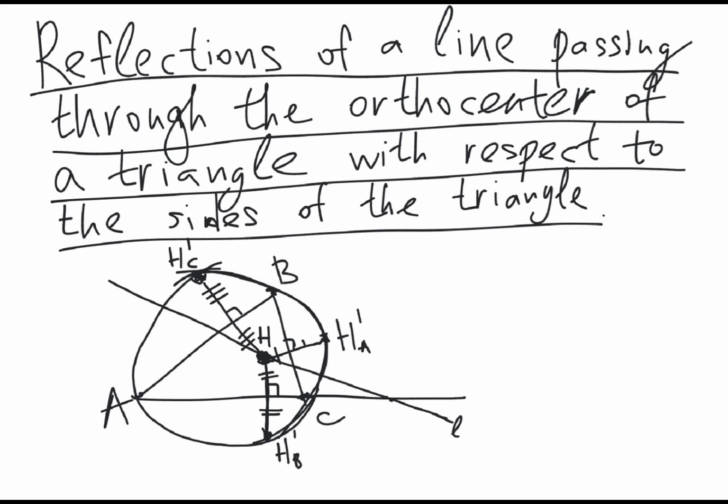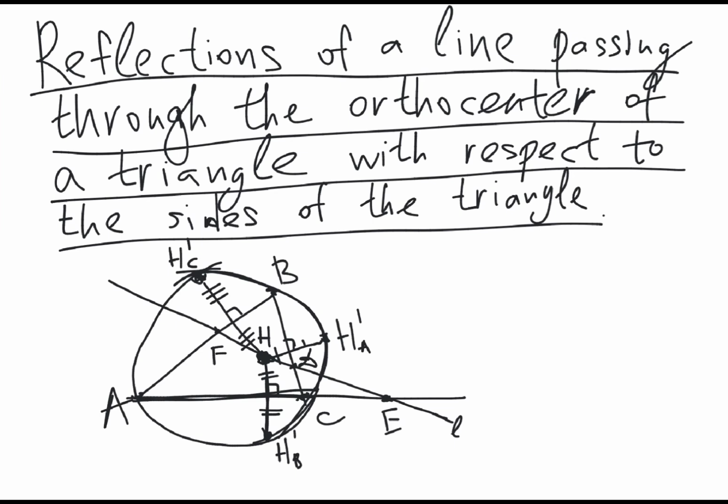In order to construct the reflection of line L with respect to the line AC, one of the sides, we take the intersection point, let's denote it by E. Like all the intersection points, this intersection point is D, this intersection point is F.